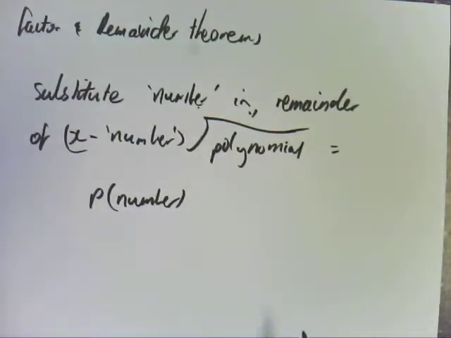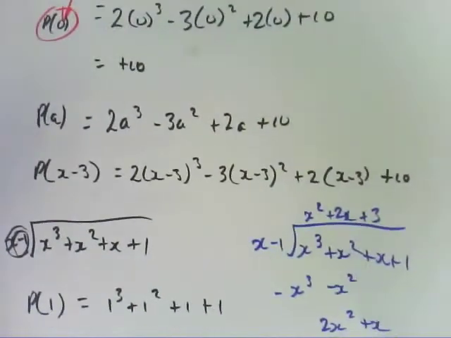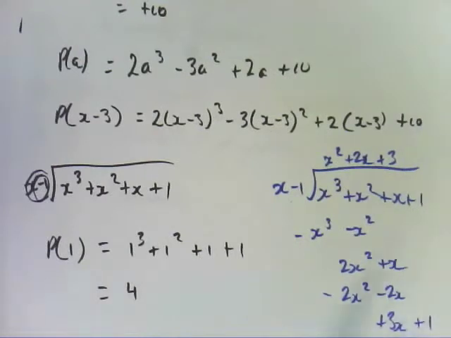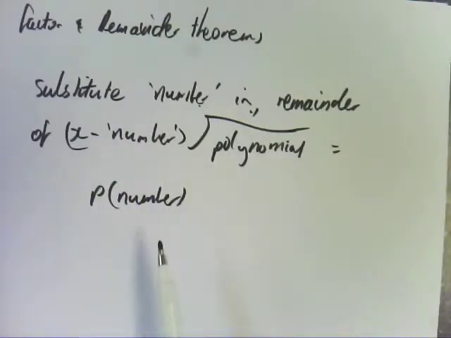Okay, so in the last bit over here, if we bring it back, our number was 1. When we divide by x minus 1, our remainder is 4. When we substitute 1 in, our polynomial value is 4. So they're tied together. So that's written in words very poorly, but it is written in words.